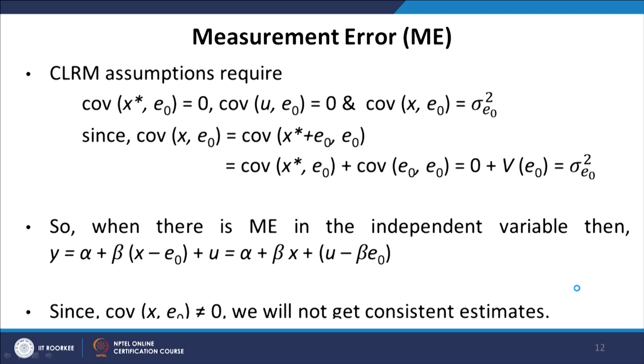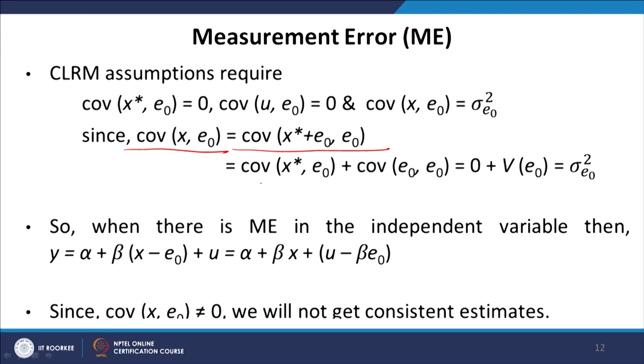So, the classical linear regression model assumptions require covariance of x star and epsilon naught to be 0, covariance between u and epsilon naught to be 0, and covariance between x and epsilon naught is equal to sigma square epsilon naught. Why is this so? Because you can see that covariance of x and epsilon naught is basically covariance of x star plus epsilon naught and epsilon naught.